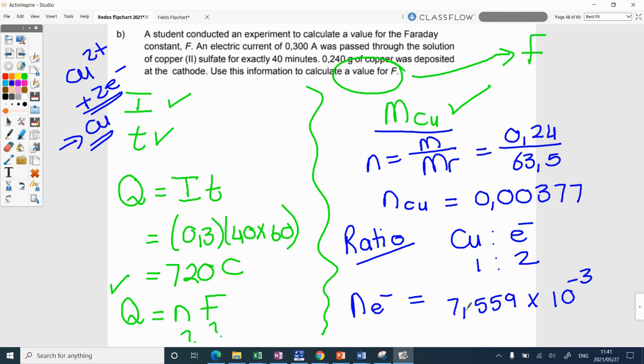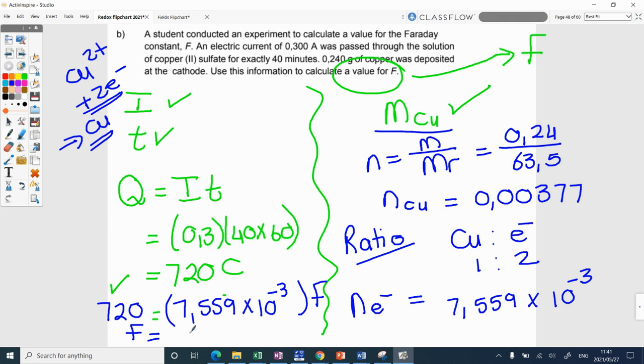Can we now get F? Yes, because here, instead of this Q, I can write my 720 that I worked out just now. Instead of the N, I can write my moles that I've just worked out. 7.559 times 10 to the minus 3 times by F. And now your only job is to go and get F.